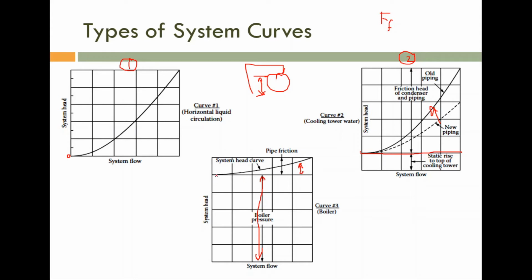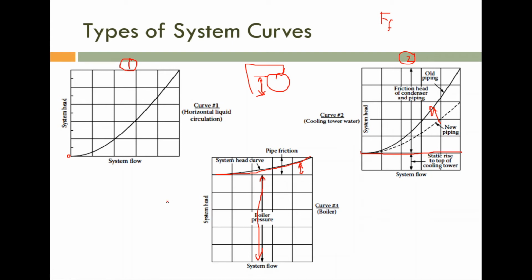So this one is a system curve. So here you can see that compared to the static friction, the dynamic friction is small. Is it okay? So this one is the system curve.